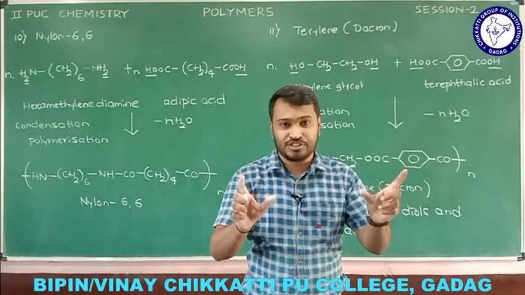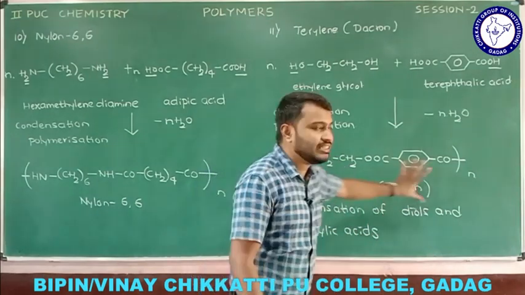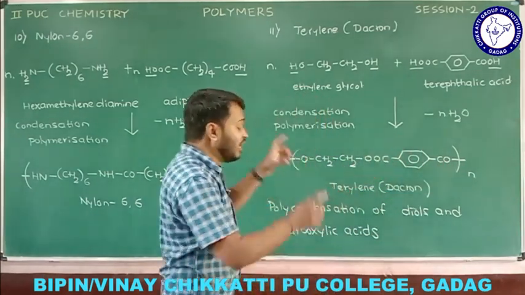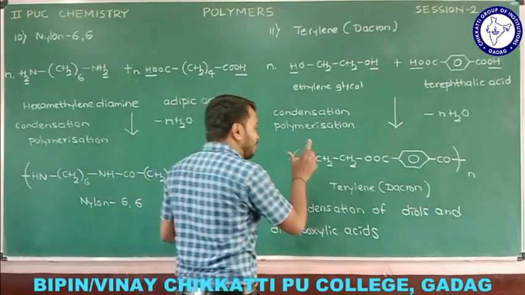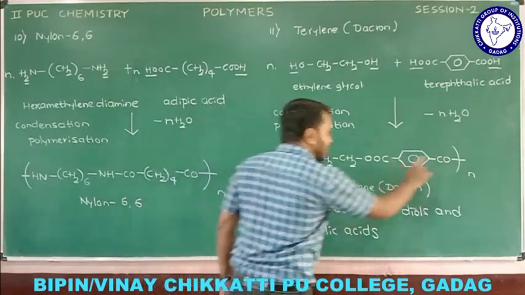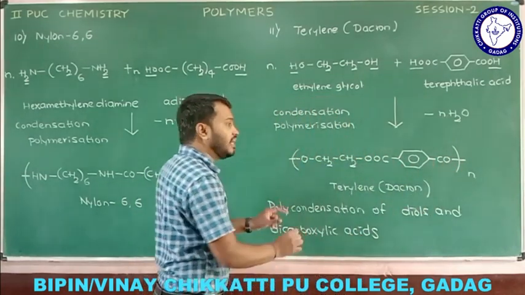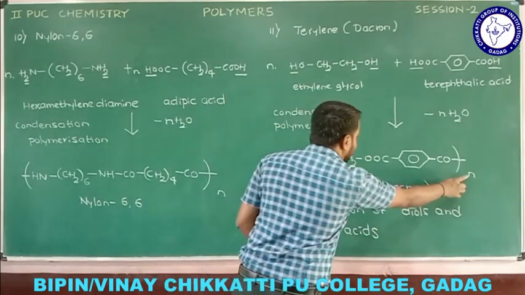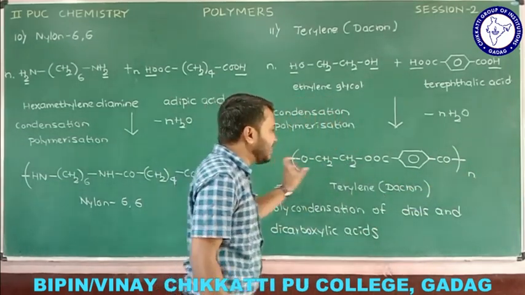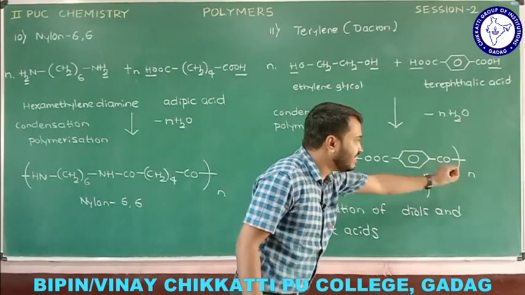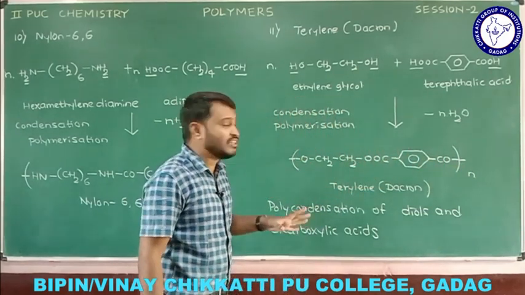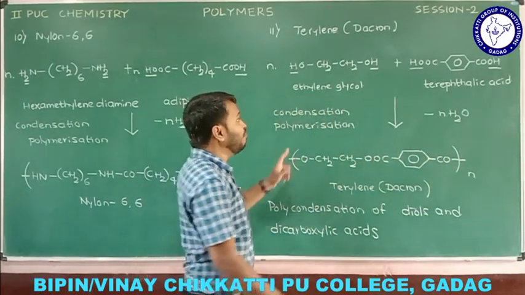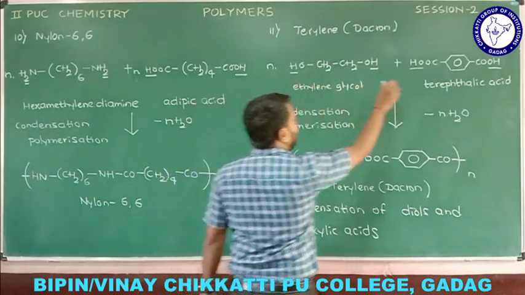Draw the partial structure of Dacron, draw only the partial structure. Remember, again I repeat, in a partial structure the bond should extend from the left side and right side, and you should write brackets and n. If you make any mistake, by leaving out the n or not extending the bond, you have the chance of losing marks. Sorry, I have not written n here.